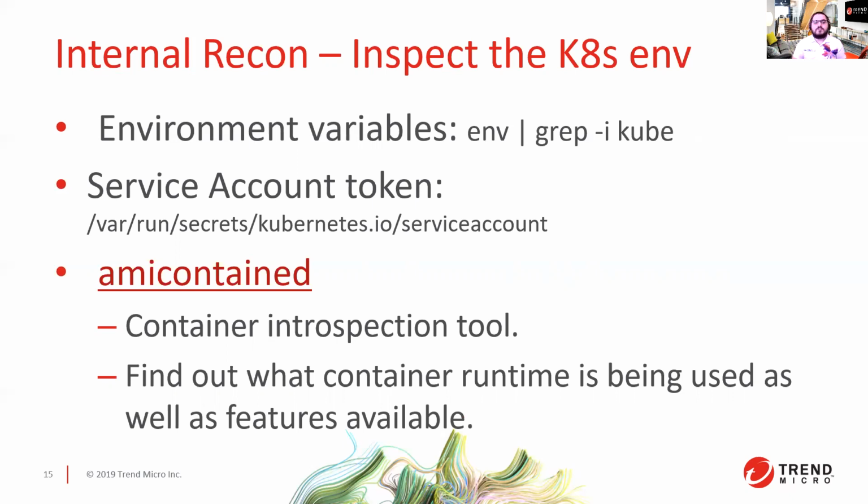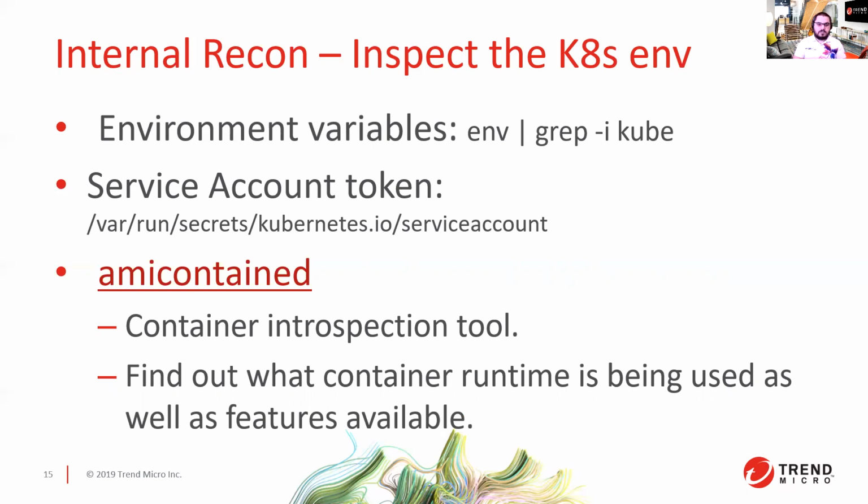So one of the first things that you can check is the environment variables, right? By typing that command there, you can see if there are environment variables related to Kubernetes. That might show the Kubernetes API server, the ports and everything, right? So you can see that from inside the pod. You also have the service account token, which every pod on the cluster has, right?